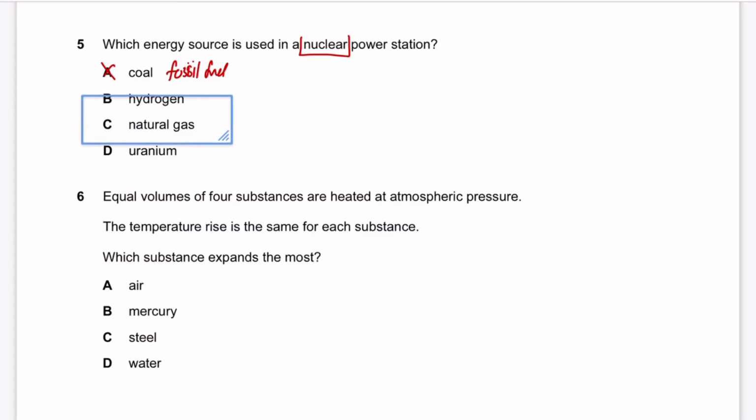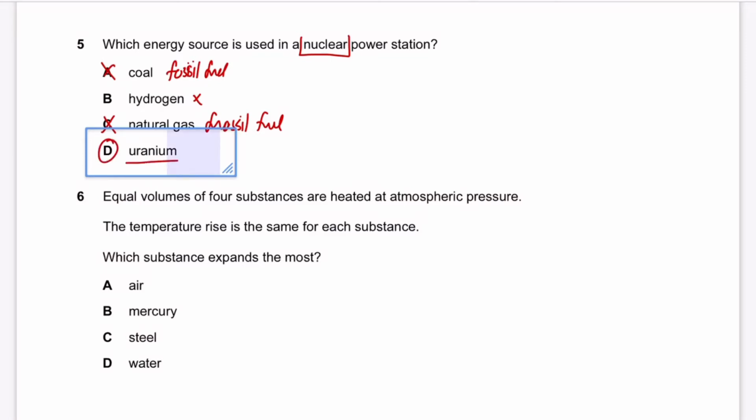And C as well. C is a fossil fuel. Alright, how do we write fossil fuel? Okay, there we go. Hydrogen, nope. So the last option is uranium. Uranium is a radioactive source which is used in a nuclear power station. Radioactive.